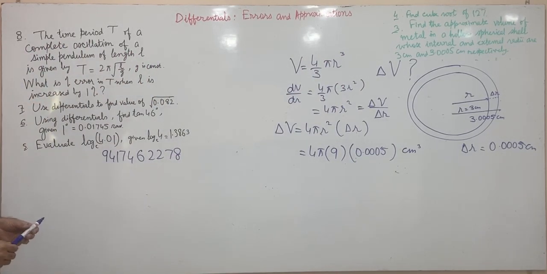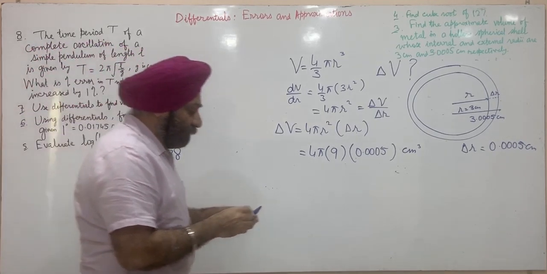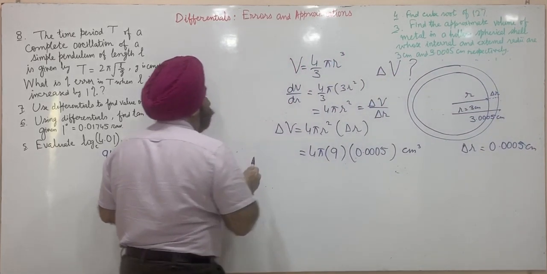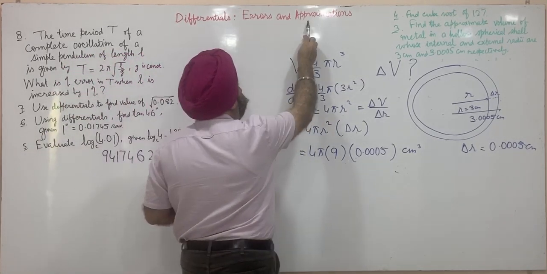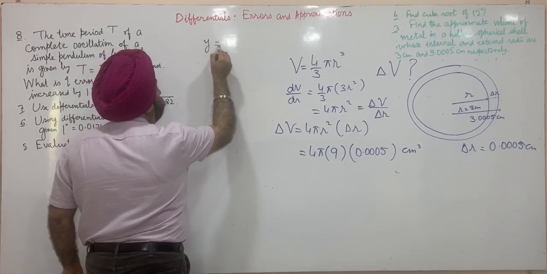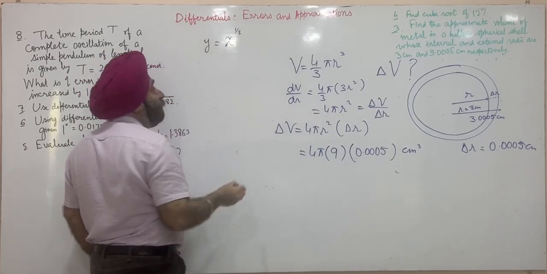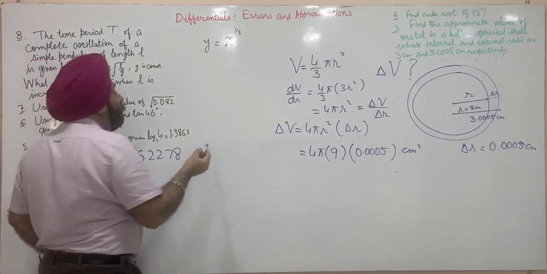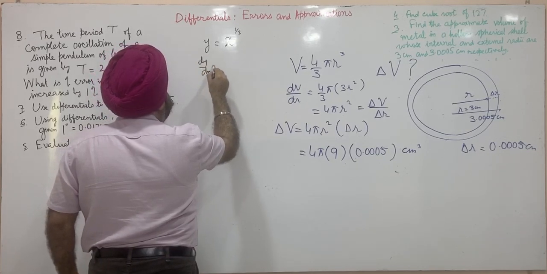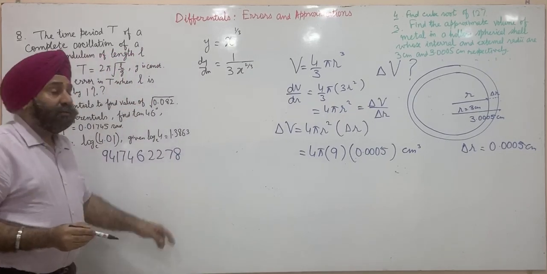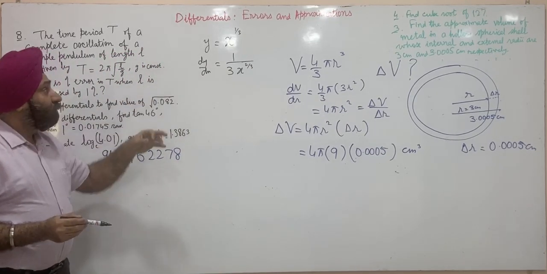The next, we will find the cube root of 127. We can find only an approximate value of the cube root of 127. In questions on approximation, first of all we consider a function. Since we have to find the cube root of a number, we consider the function as cube root of x. We always need the derivative, dy by dx, so we need the function and we find the derivative from that.